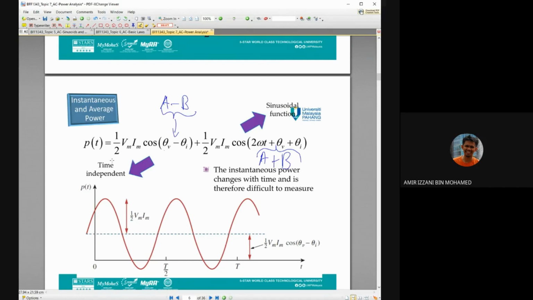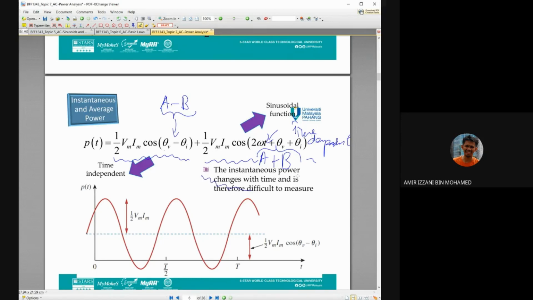As you can see, on the left side there is no t. We have t on the right side, on the second part. So this depends on time, it is time dependent. When time changes, this component will change.